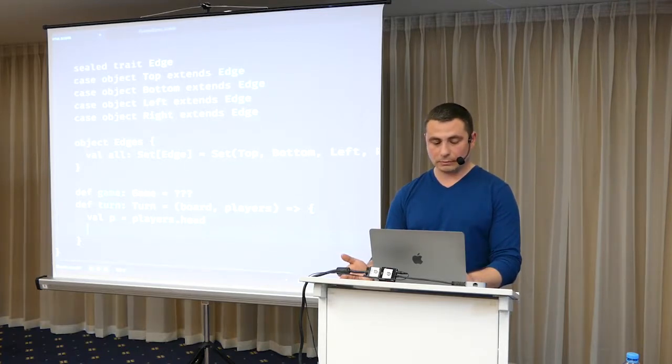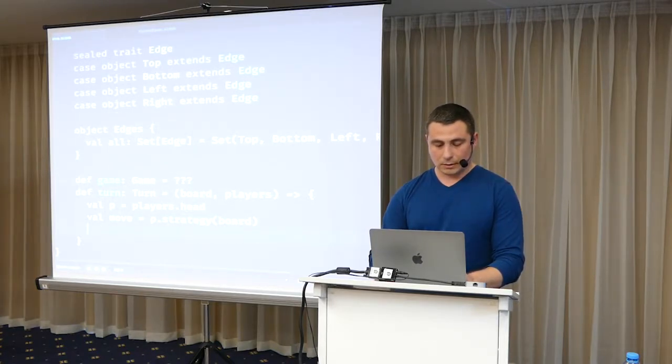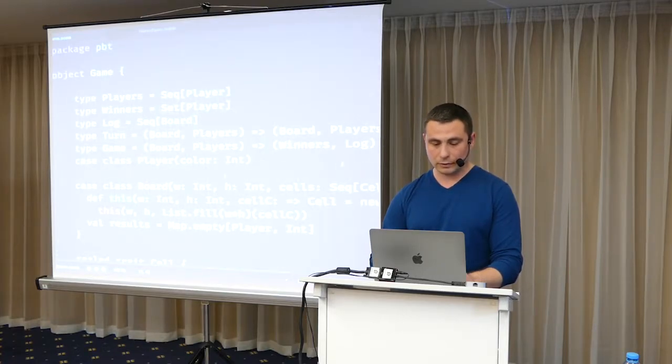Then we need to make a move. Let's say that we have a move which the player does by applying some strategy to the board. So now we have a strategy, and we need to apply this to a board, and we need to have a move. Okay, let's define what a strategy and what a move is.